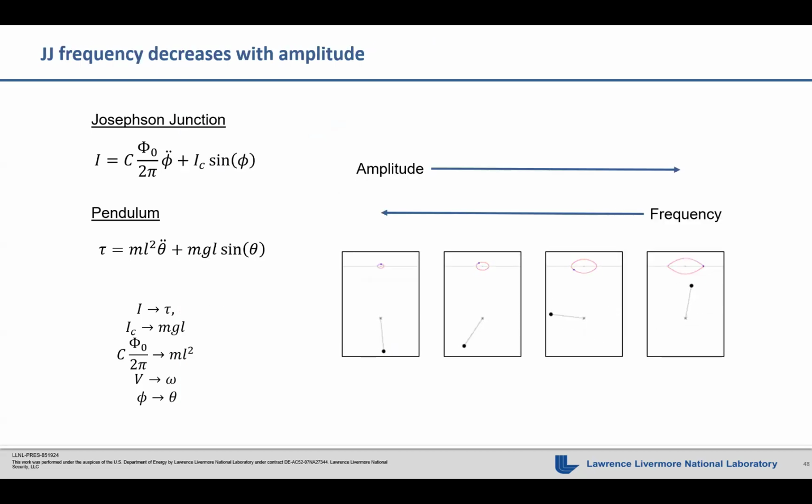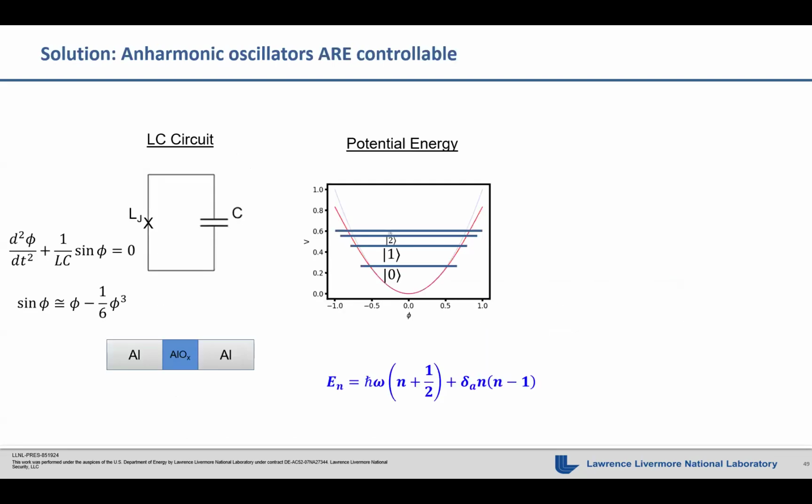Wikipedia has these great graphics on pendulums, and the key is that the frequency of oscillation changes depending on the amplitude of oscillation. If you have very small amplitudes, then you go fairly fast. But if you have very large amplitudes of oscillation, it can take a very long time to do a full period. And this is exactly what we're making use of when we are using these Josephson junctions.